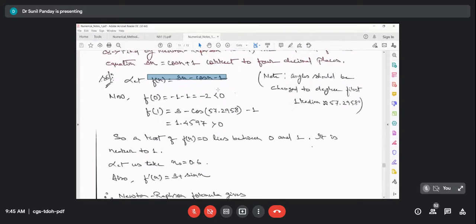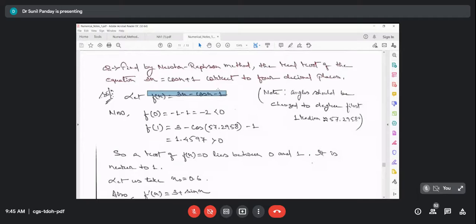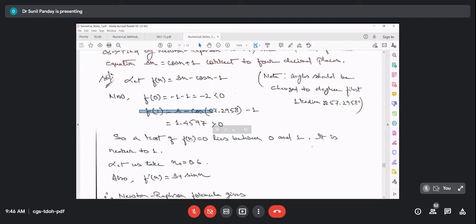First, one problem we have already seen about the Newton-Raphson method. In this problem, no initial approximation is provided to us. So what we do, we select 2 points. Here we have selected one as 0, another as 1, and we get f(0) negative and f(1) positive. So it means our root is lying between 0 and 1.